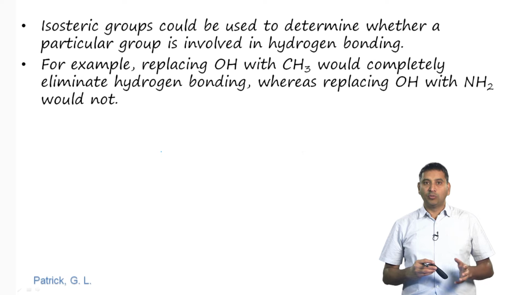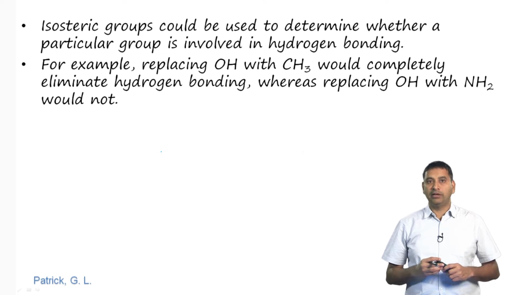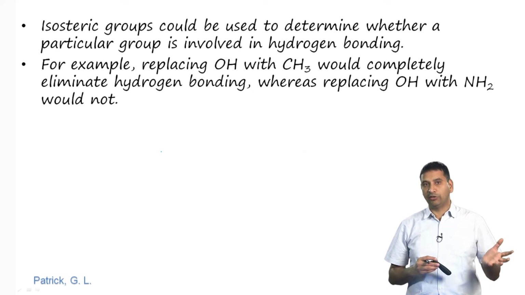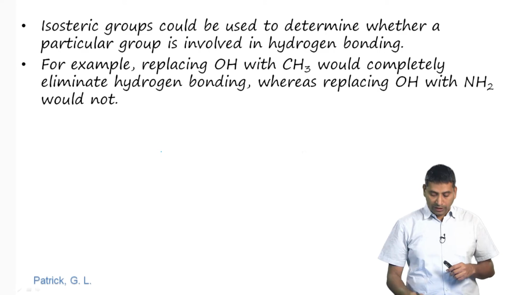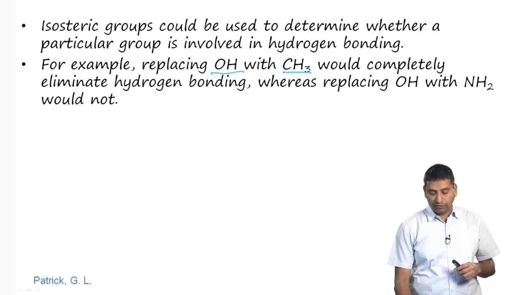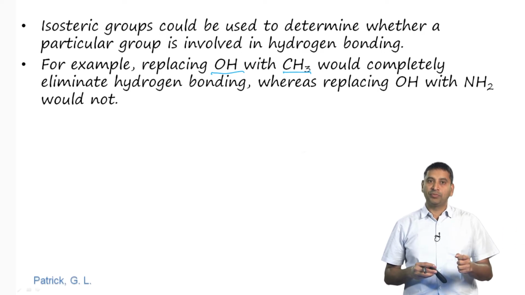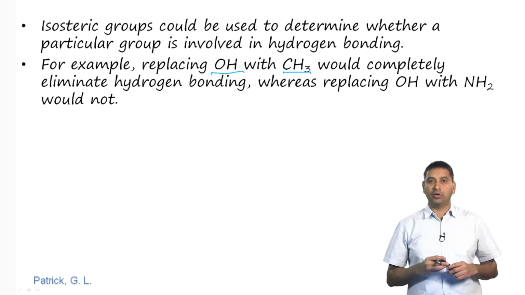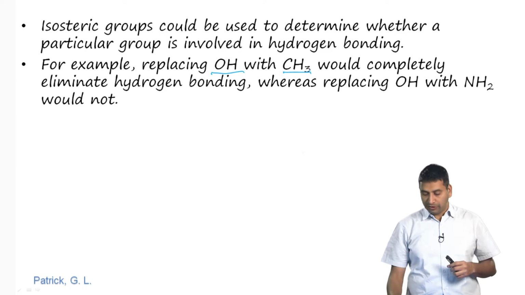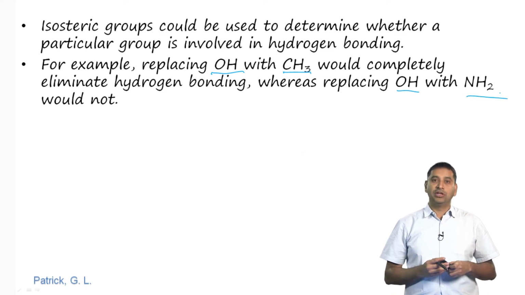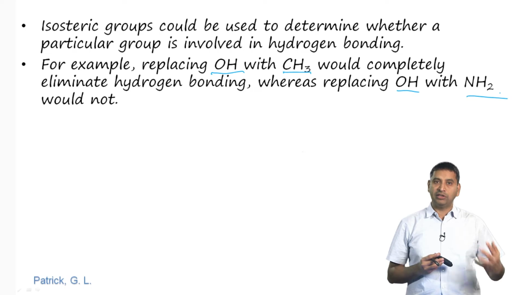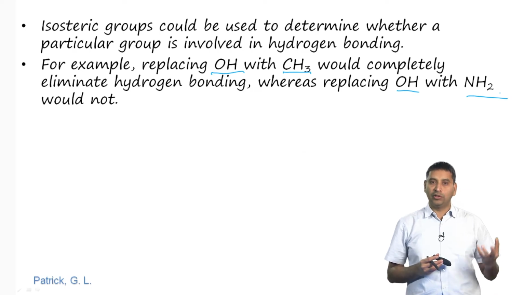So, isosteric groups could be used to determine whether a particular group is involved in hydrogen bonding. If we have an OH and that hydrogen bonding is important, then replacing the alcohol with a methyl group would completely eliminate hydrogen bonding, whereas replacing an OH with NH2 would not. Using this kind of trial and error method, one would be able to figure out whether hydrogen bonding is important.